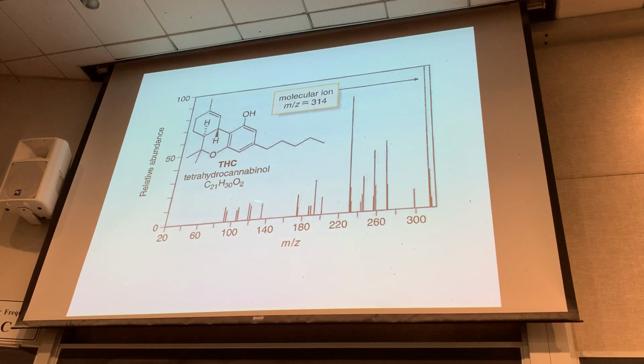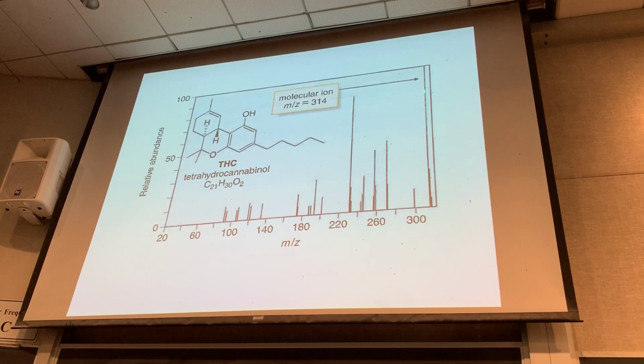They actually have the same mass, but they have different fragmentation patterns and different NMR signals. And CBD is the one, like I said, the ring open one here that controls pain and brain seizures. So that's the beneficial one that a lot of people are interested in. CBD oil and medicinal marijuana, that's the medicine. THC is not the medicine.